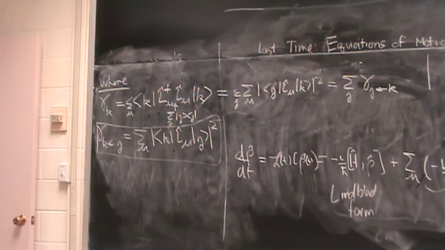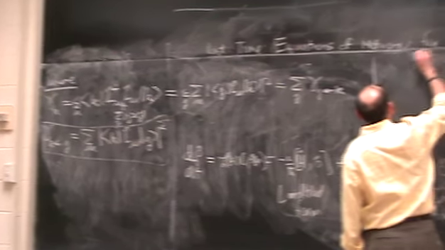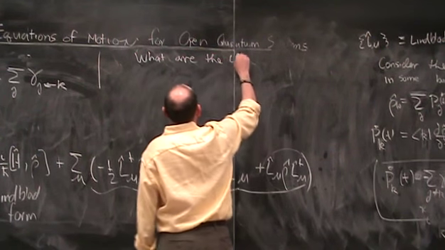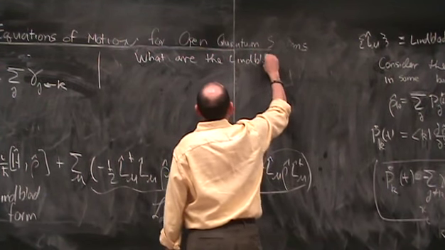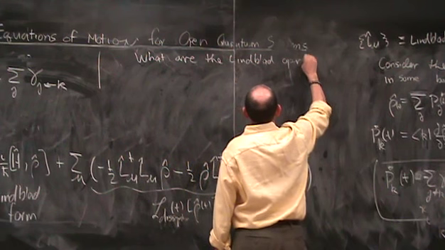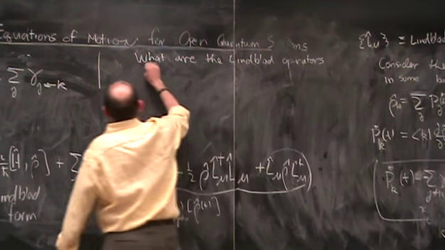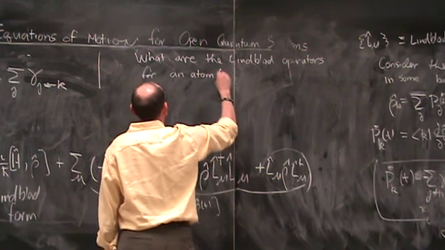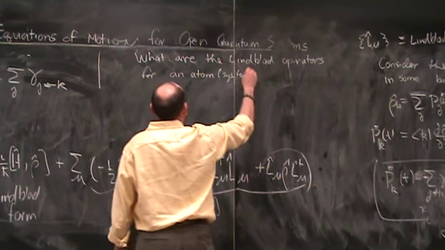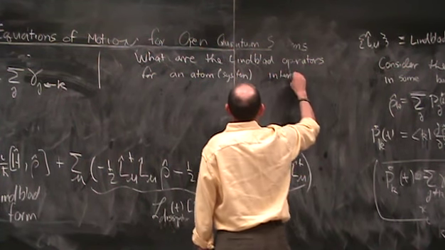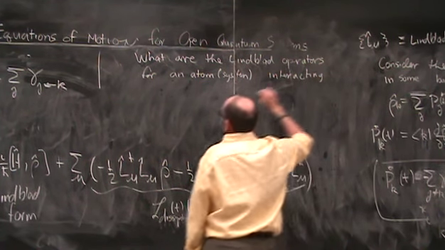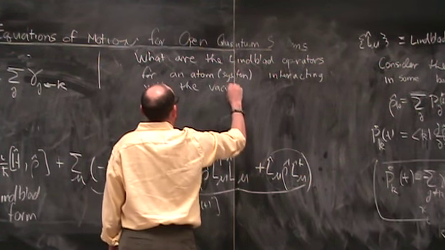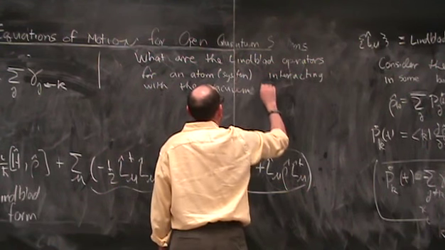What are the jump operators for an atom, which is the system, interacting with the vacuum, which is the environment?